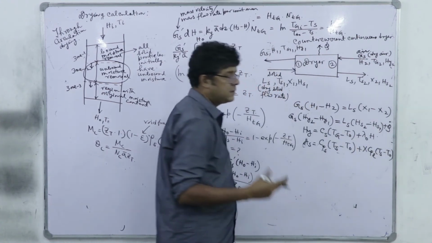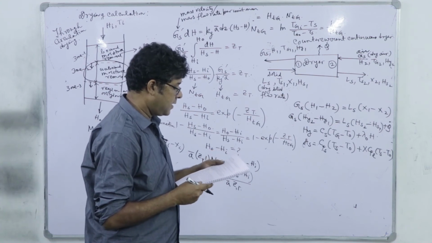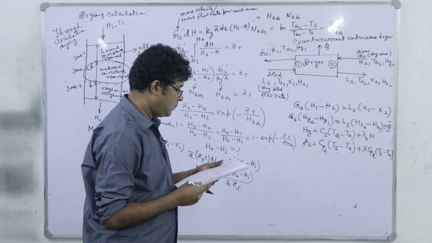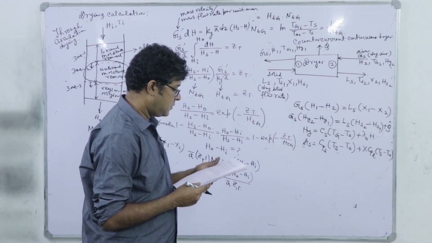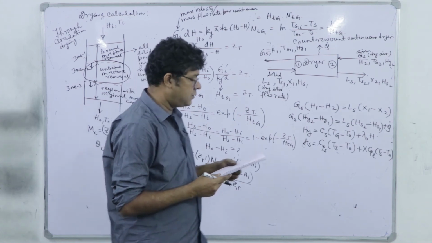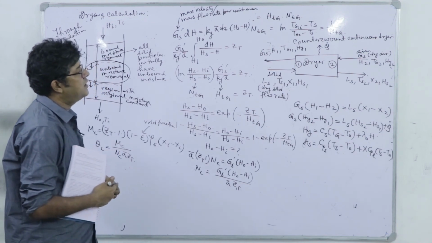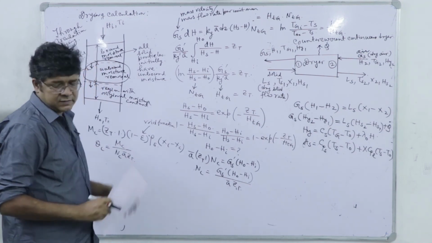The solid contains liquid water, right, and that's why there is this X into CPL into Ts minus T0. So this is a gross energy and material balance that we can write for a continuous dryer.